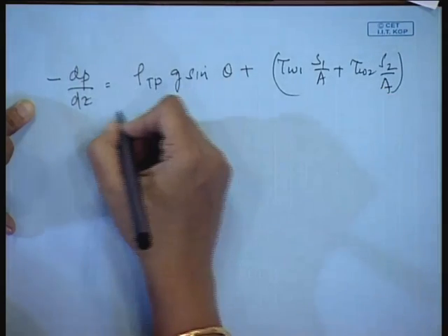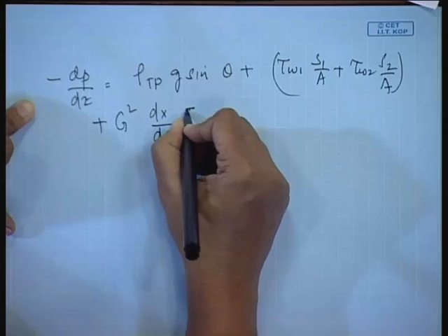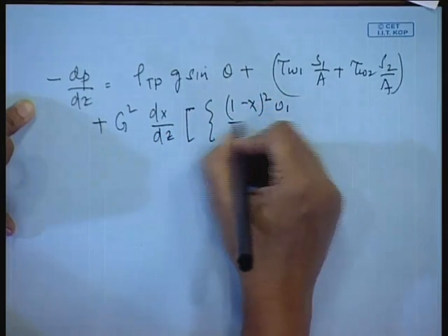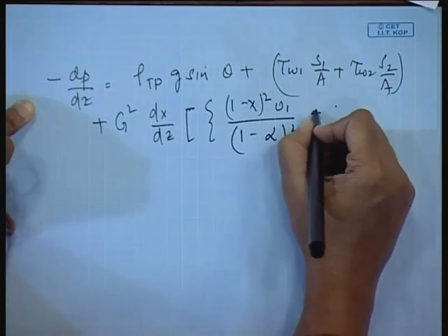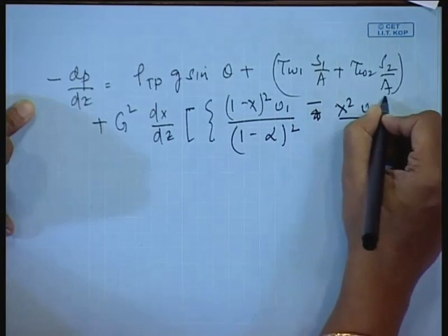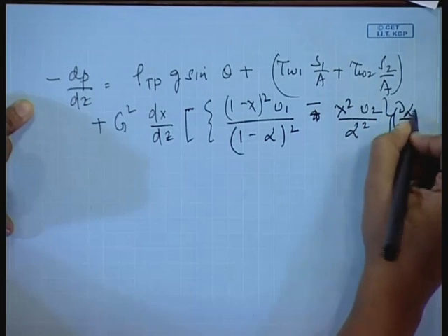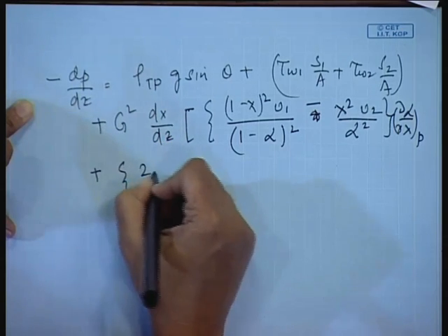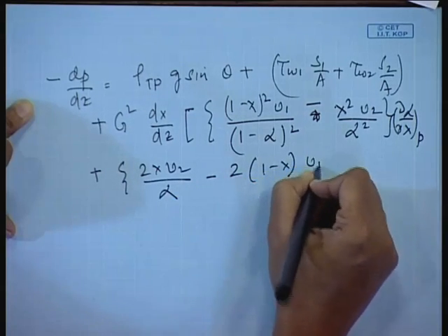This I have written down several times actually, plus G square dx/dz, (1 minus x) whole square v1 by (1 minus alpha) whole square, minus x square v2 by alpha. Just check with the expression I derived in the last class and let me know if I am making some mistakes in writing it down. Plus 2x, this was already deduced, so you need not note it down anymore.